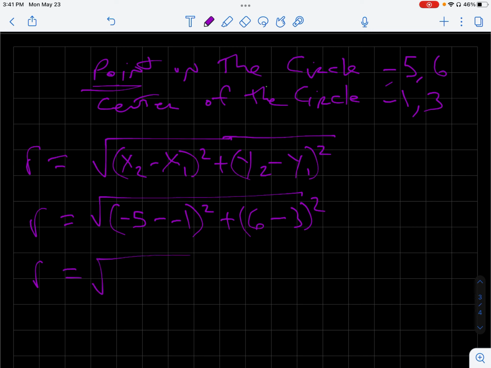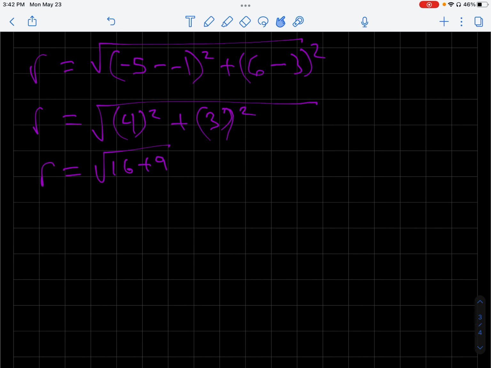So r equals the square root of negative 5 minus a minus 1, which is the same as negative 5 plus 1, or 4 squared, plus 6 minus 3 is 3 squared, and you can probably see where this is going. r equals radical 16 plus 9. r equals radical 25, or r equals 5.